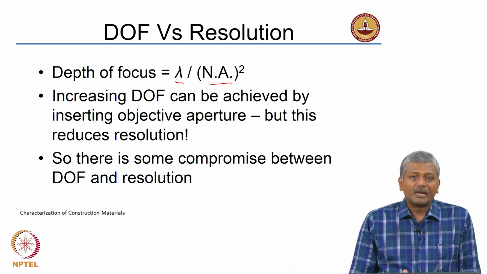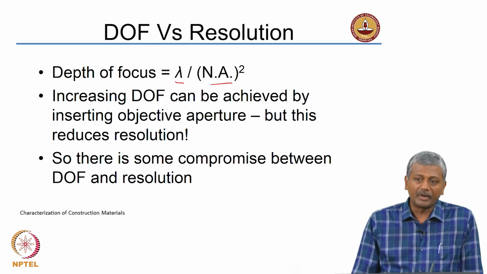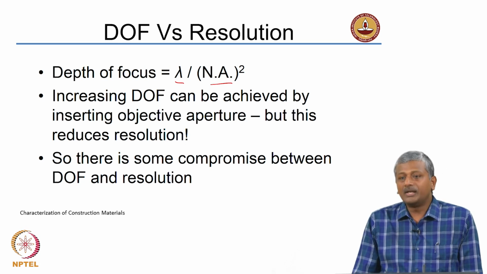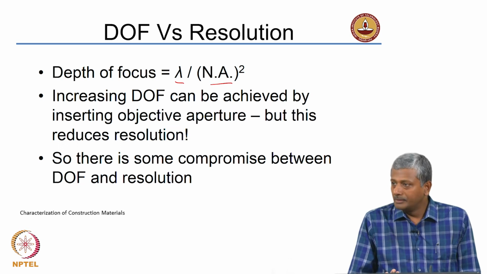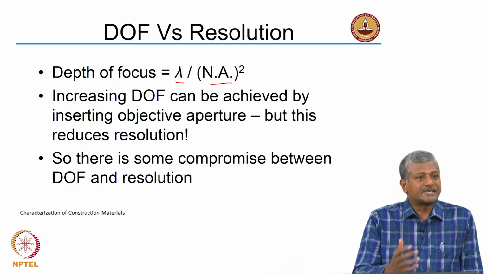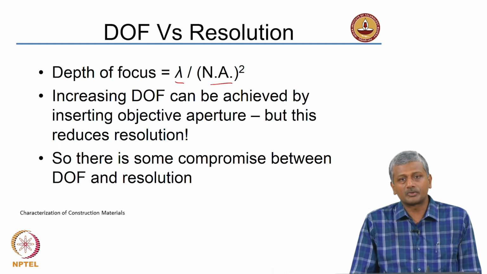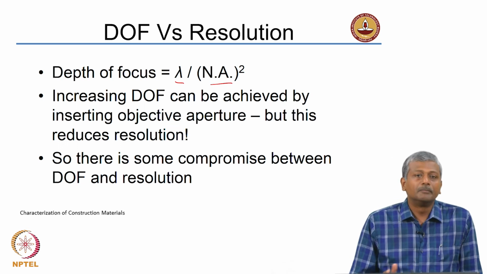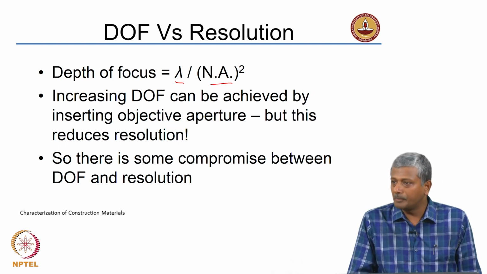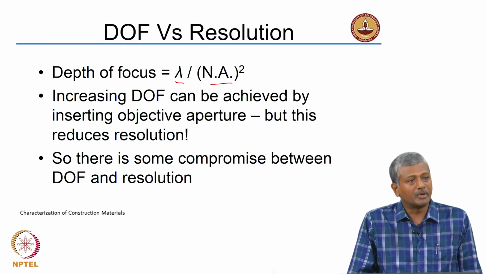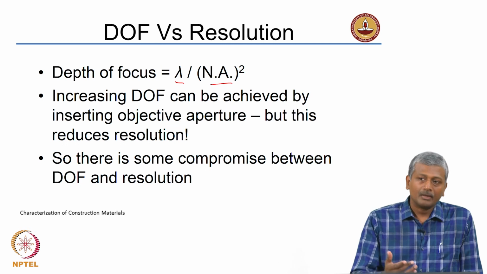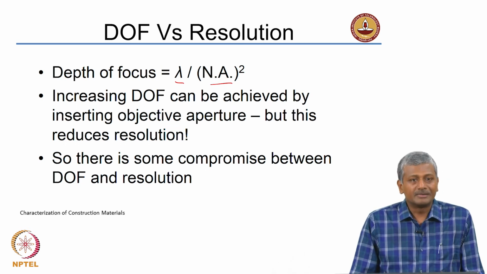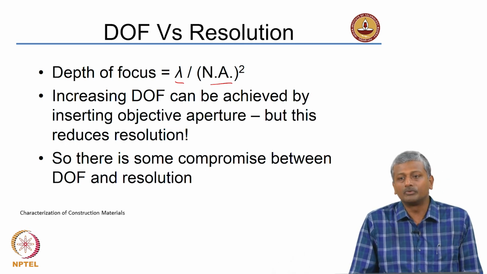So, one has to work around this problem. When depth of field is required for certain applications, you will have settings in your microscope which correspond to improved depth of field, but when you need resolution, primarily for imaging, you might want to reduce the aperture size and choose the settings in such a way that you improve the resolution.